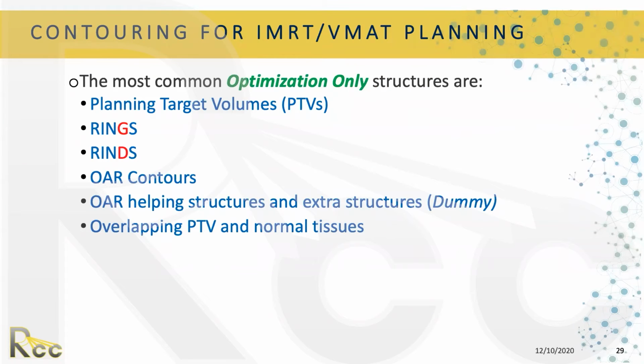The most common optimization-only structures are listed here. We're going to have a lot of planning target volumes, meaning optimization-only structures that are going to help the target volumes get the dose that we want. We're going to be creating rings, which are these bands around the structures, normally around the PTV.